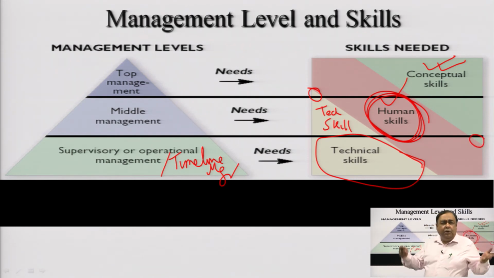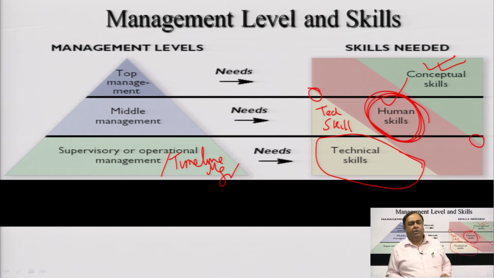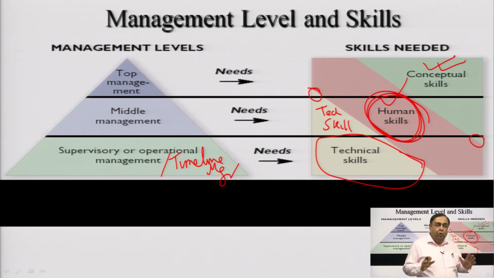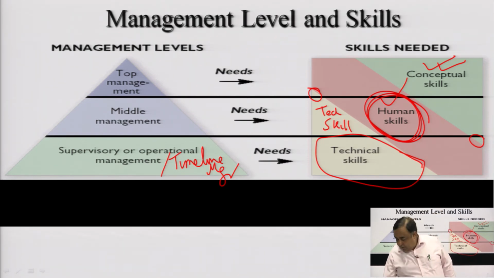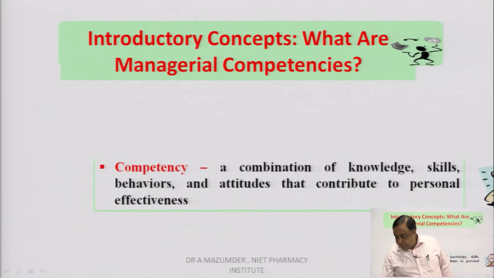In fact, they do not require conceptual skill as such. So, in a nutshell, top level management requires conceptual skill, middle level management requires human skill, and supervisors or frontline managers require technical skills.